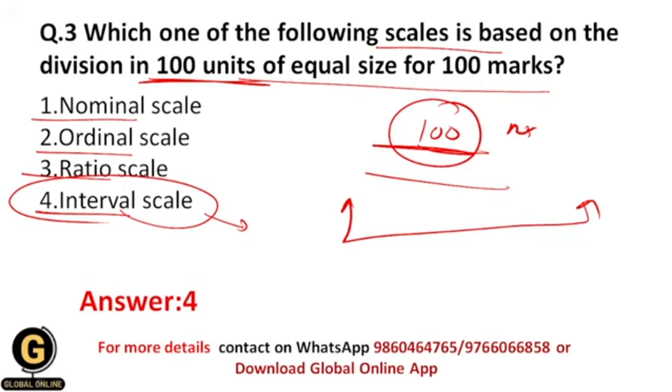The 100 units of equal size mean that intervals of these sizes are equal, and as well there is no true zero point. That's why the scale based on this division is nothing but the interval scale, and your correct answer should be 4.